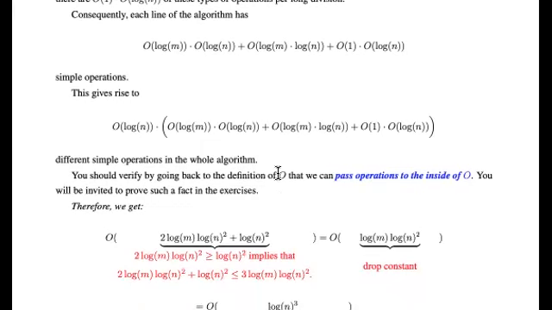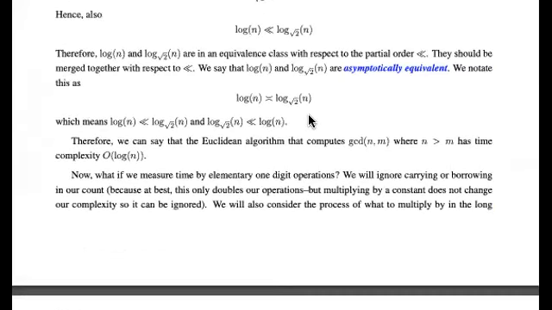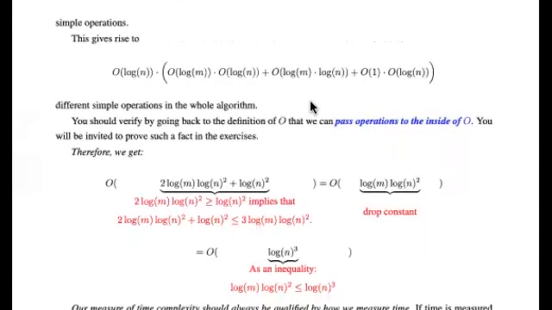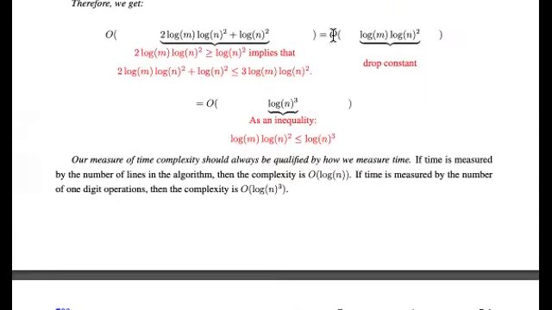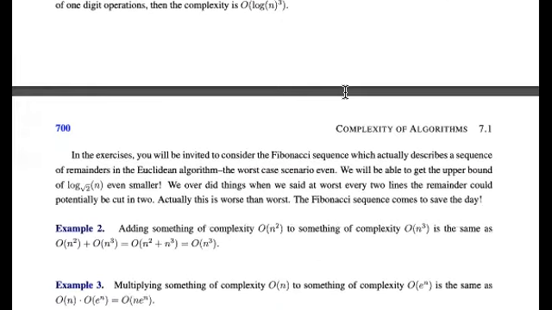If you actually look at the definition of O, and think about ratios being bounded eventually, like we were doing up there, it works quite well to show that big O notation can pass in and out of addition and even multiplication.